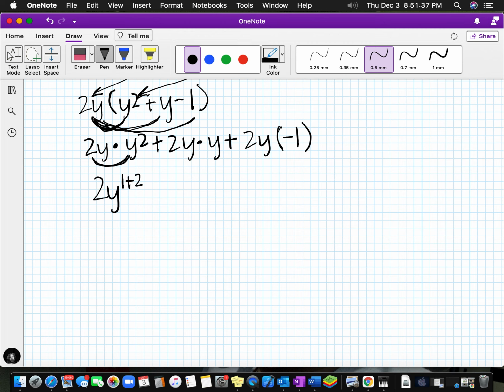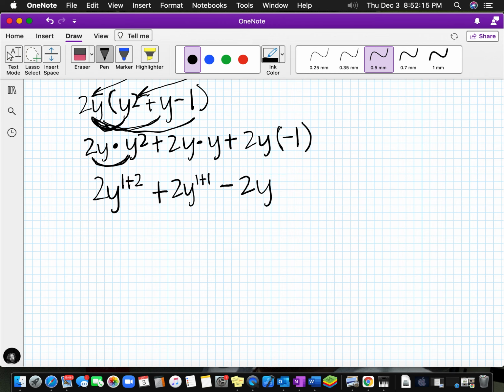For the second one, this is going to be 2y to the first plus 1 power. For the other one, we don't have another variable with it, just 2y, so we multiply those together. This wouldn't be an addition sign, because 2y times negative 1 equals negative 2y. So instead of bringing the addition sign down, we're going to write a minus sign and then 2y.